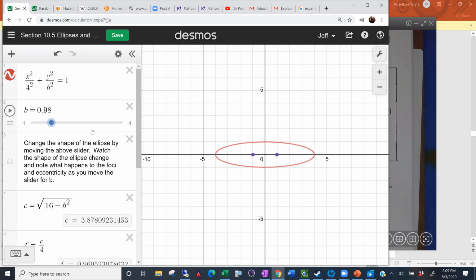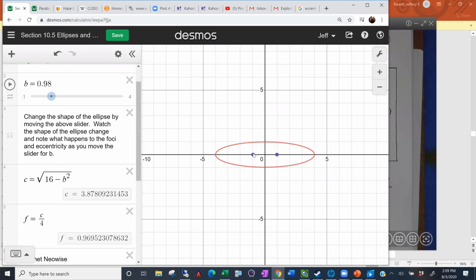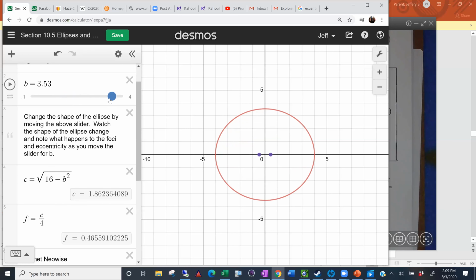And the eccentricity is really going to be a ratio of two things. It's going to be a ratio of c, the distance from the center to your foci, and a, which is your major axis, so that distance there. Now, Earth and all the other rocky planets have an elliptical orbit, but the shape of the ellipse is not really that far away from being a circle.